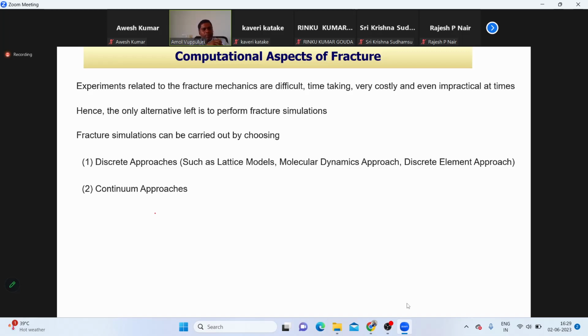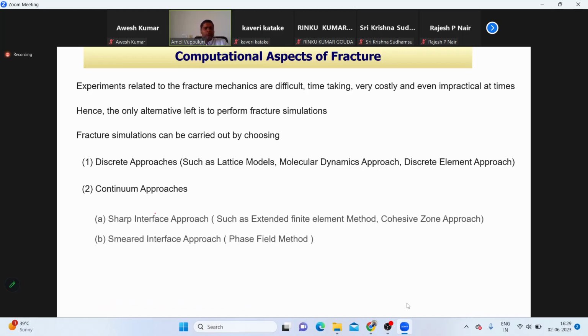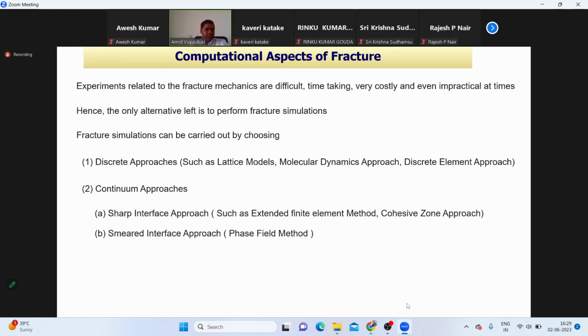In the continuum approach, there are two main approaches. One is the sharp interface approach, such as extended finite element or cohesive zone modeling. The other one is the smeared interface approach. My talk will focus primarily on the phase field model.